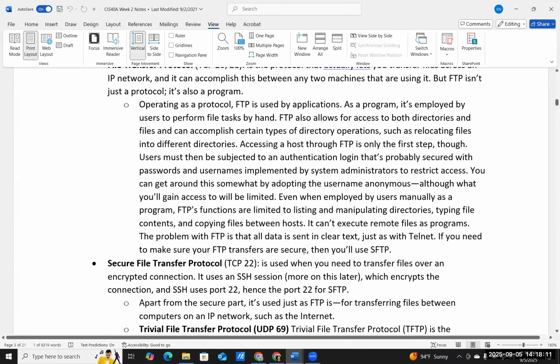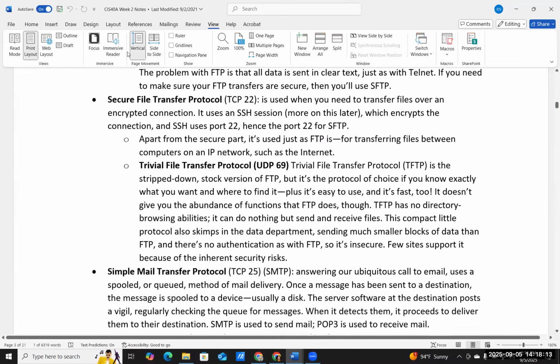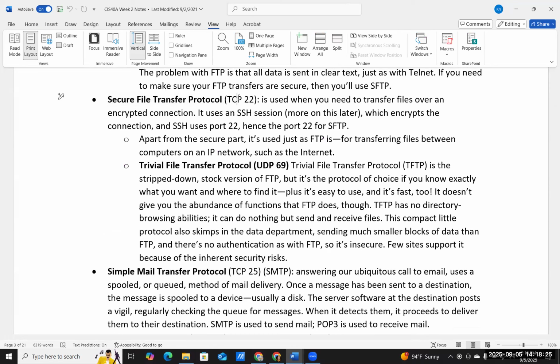Okay, so there are more specifically, like we talked about SFTP, but if you're familiar with port numbers, it also uses port 22, which is used for Secure Shell. Remember what I said about Telnet? Telnet is not secure. We don't want to use that, right?